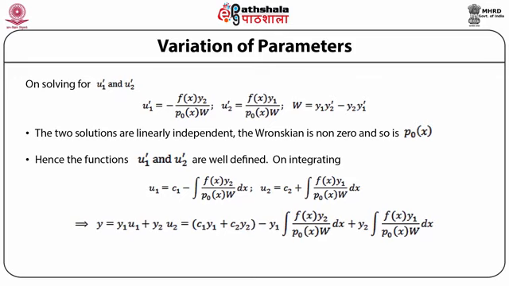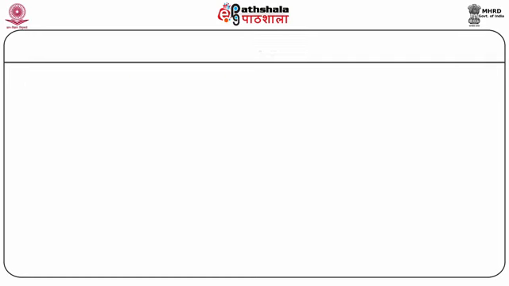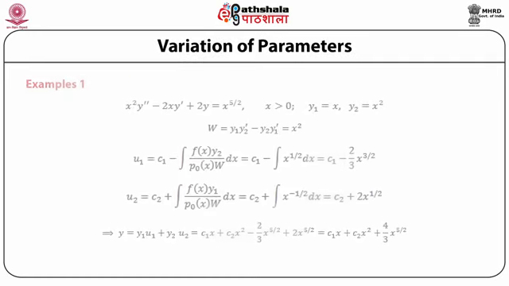So we substitute u1 and u2 as calculated above and we get y is equal to c1 y1 plus c2 y2 minus y1 multiplied by the integral of f(x) y2 divided by p naught (x) W times dx plus y2 multiplied by the integral of f(x) y1 divided by p naught (x) W dx. Now we proceed with some examples.